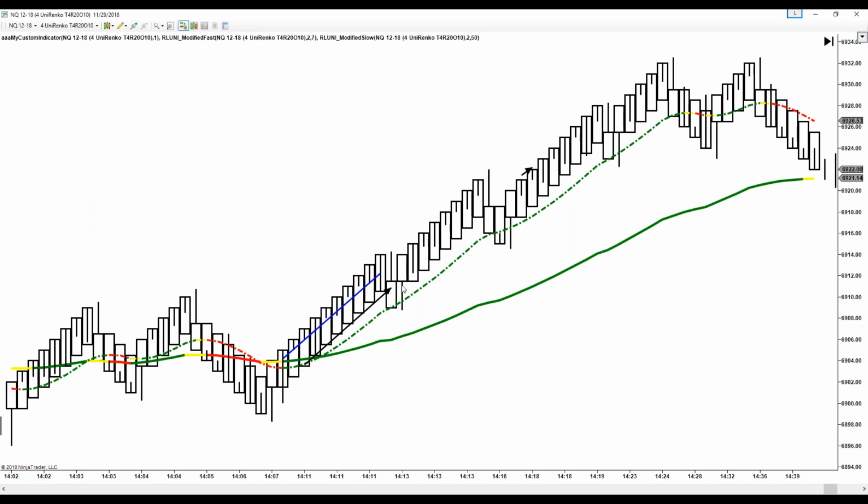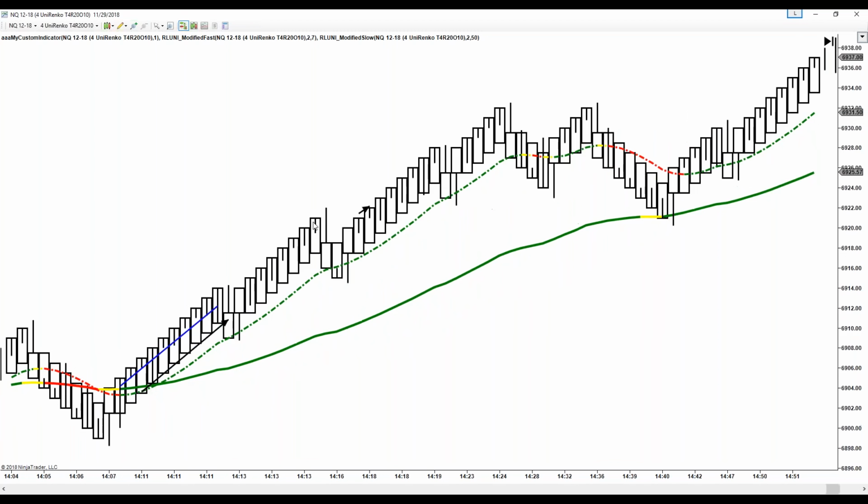Now, the reason we created it, one, is to tell us really how price is behaving. I want the candles for symmetry, and they create a nice symmetry. But you don't want to trade a total illusion. You want to know how price is really behaving, and I'll show you why.